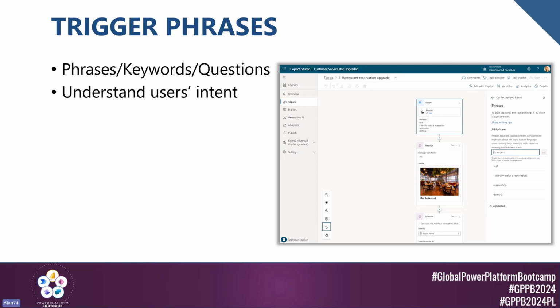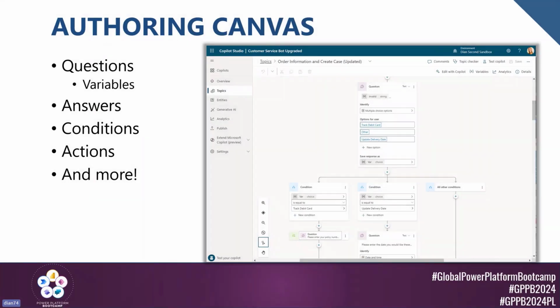For example, somebody might type in, hey, I tried to use my gift card, but it didn't work. Copilot will still be able to route the user to the gift card topic, even if that exact phrase isn't listed as a trigger phrase. I said that earlier, that Copilot really learns as people are interacting with it.